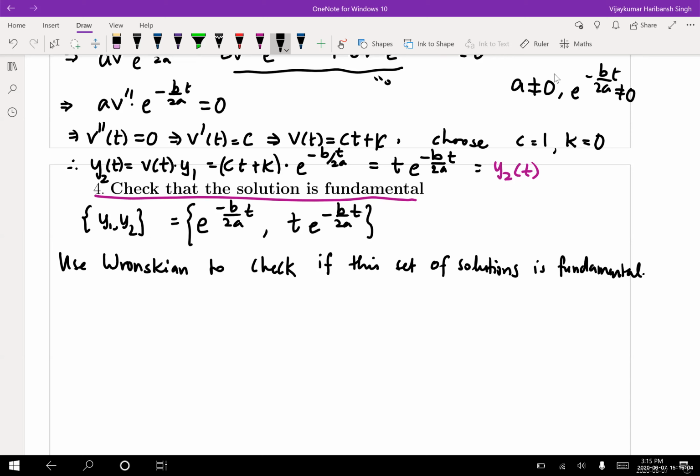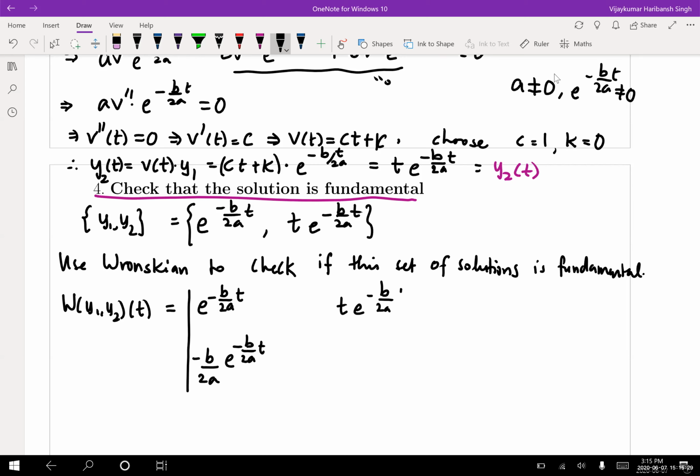So let's compute the Wronskian. So y1, y1 prime, y2, y2 prime.